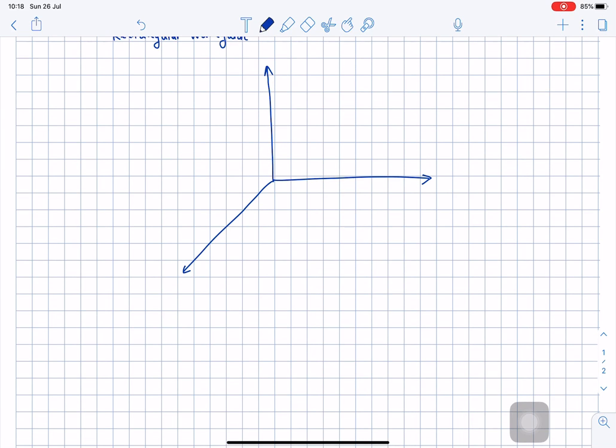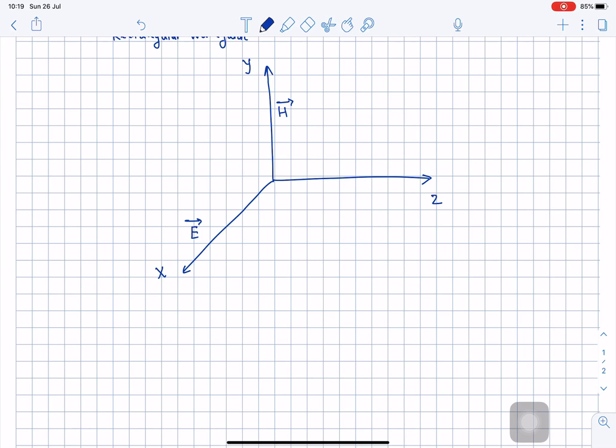Let us say there are 3 axes in a 3-dimensional space: x, y and z. Let us say there is an electric field existing along the x-axis, and along the y-axis, let us say there is a magnetic field. The magnetic field is indicated by H.